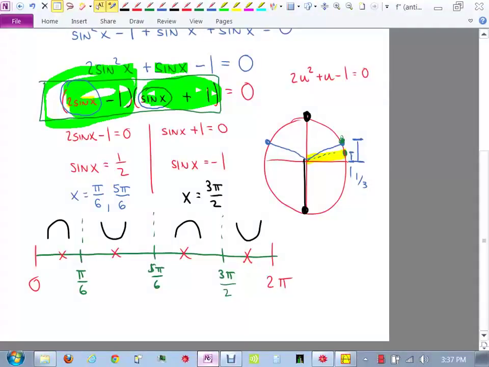Oh, we went from frown to frown. You know how I just put this right here? This is wrong. Look, I made a mistake. You can mark it. Look, right here, this should not have switched. It would have been frown, frown. Then 3 pi over 2 is not a point of inflection.